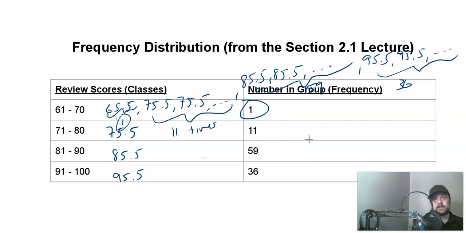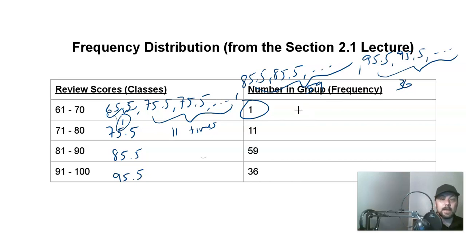That's what multiplication is for. If you have 2 times 5, that's the same thing as having 2 plus 2 plus 2 plus 2 plus 2, 5 times. And that's exactly what's going on here. We're going to have 85.5 plus 85.5 plus 85.5, 59 times. The shortcut for adding 85.5 59 times is just to take 85.5 times 59.